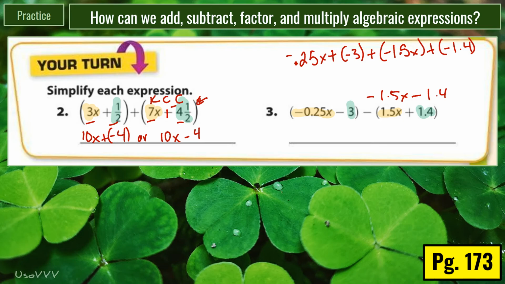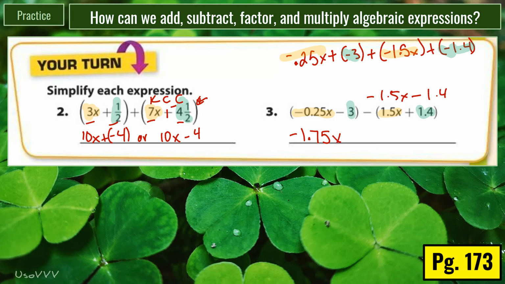I've got variable and variable. I've got constant and constant. So now I can start combining. I know if I've got negative 0.25 of something and negative 1.5 of something, they're the same sign. So I'm going to add them together and keep the sign for negative 1.75x.